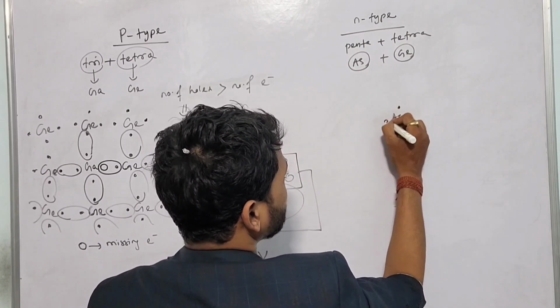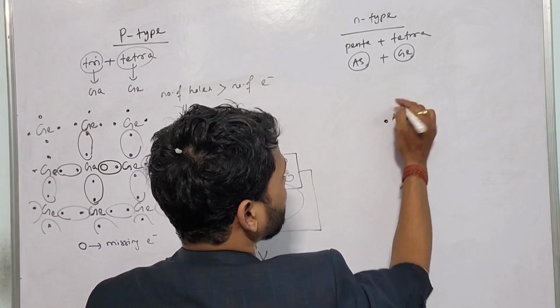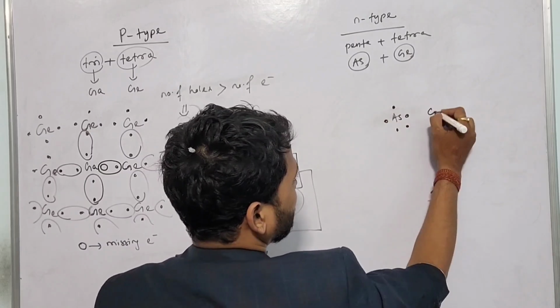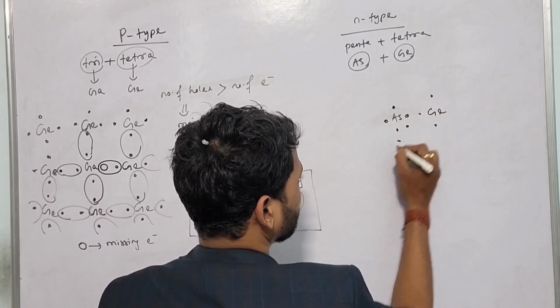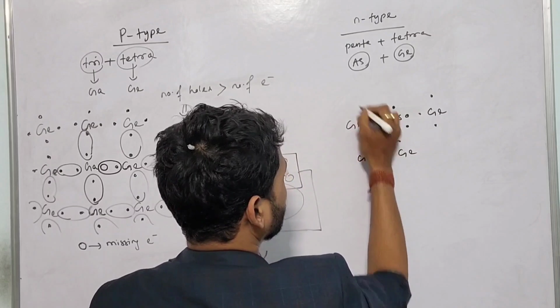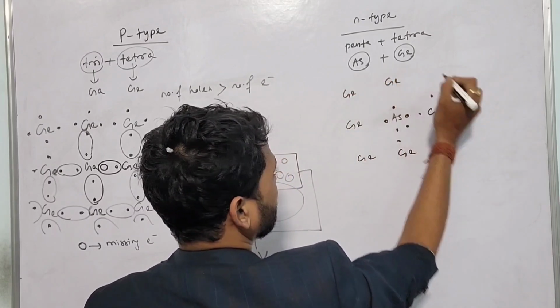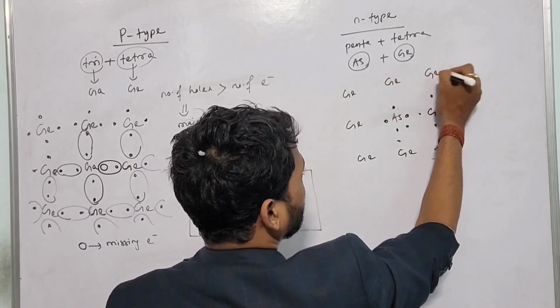This one is arsenic. As you know, arsenic has 5 electrons in the outermost orbit, and these are the germanium atoms. Let me draw.